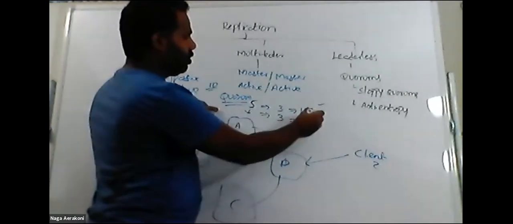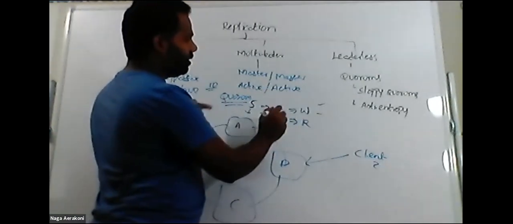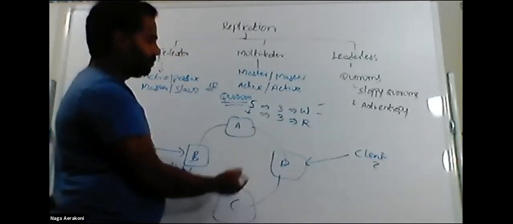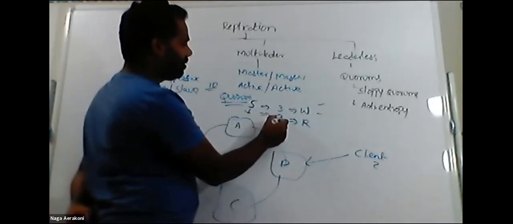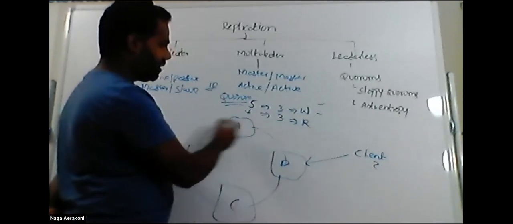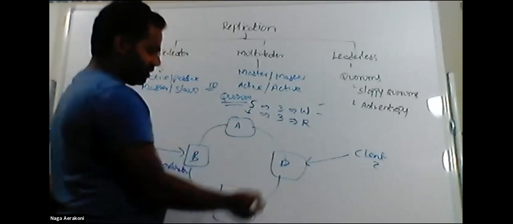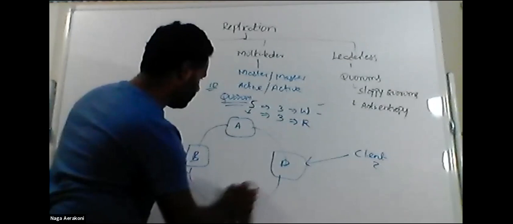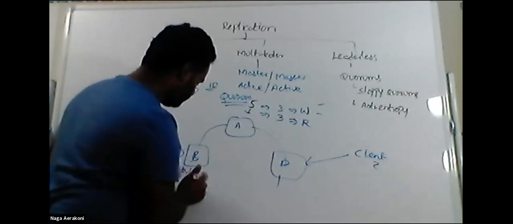But to acknowledge a write, you just need responses from 3 of those systems. And to acknowledge a read, you just need to read from at least 3 systems. So let me draw this out.